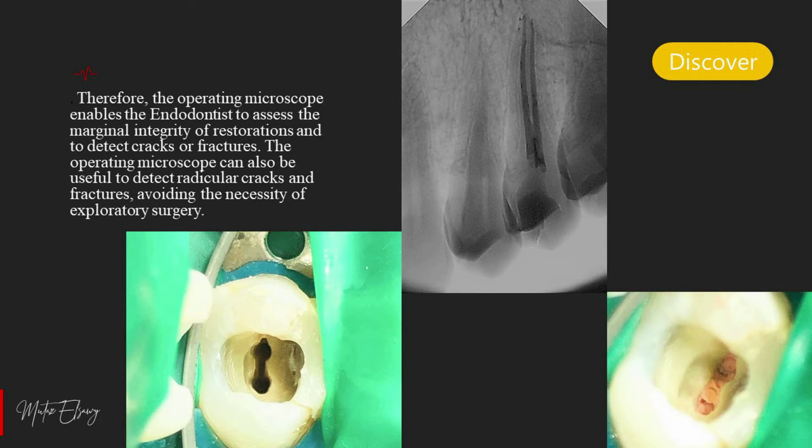Therefore, the operating microscope enables the endodontist to assess the marginal integrity of restorations and to detect cracks or fractures. The operating microscope can also be useful to detect radicular cracks and fractures, avoiding the necessity of exploratory surgery.